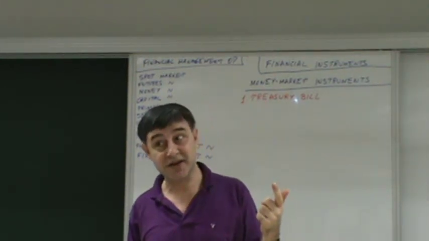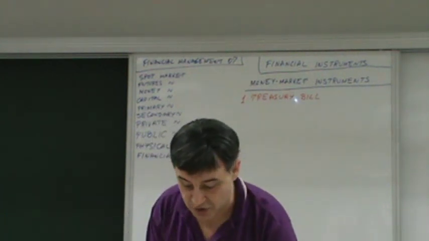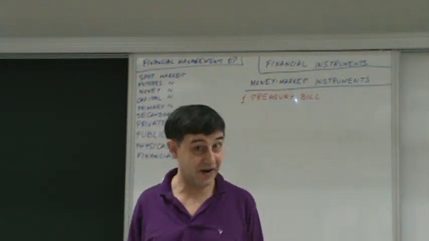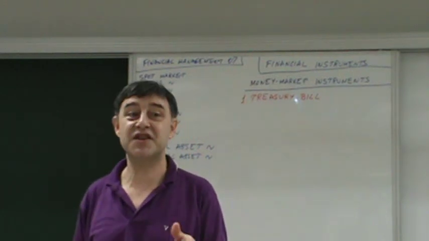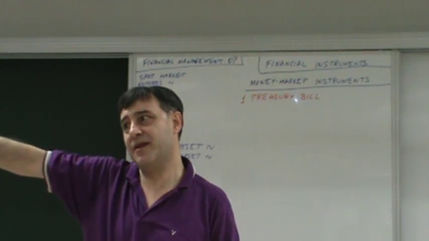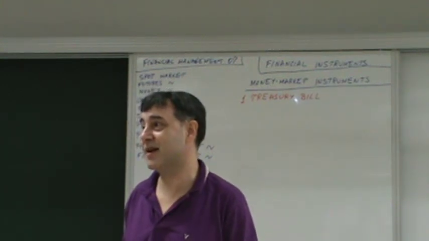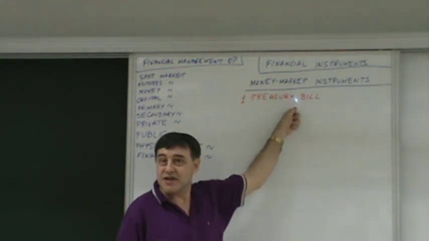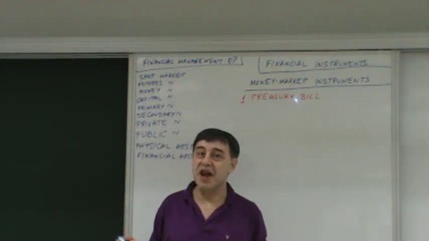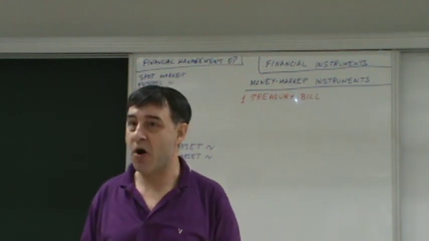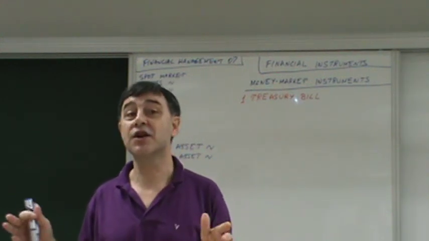The second characteristic, which is written in every single textbook in the world so far, is that it is risk-free. The second characteristic, which is risk-free, is totally and completely wrong.